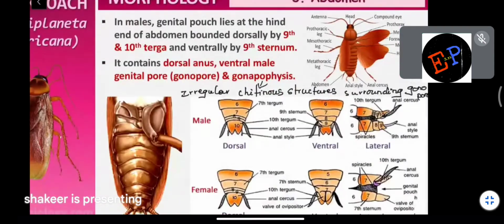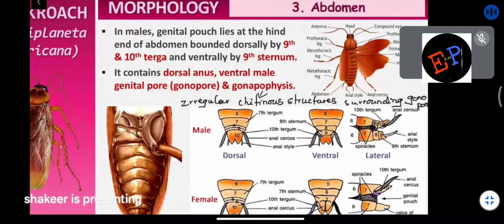Clear? So in males, the genital pouch lies at the hind end of the abdomen, bounded dorsally by the 9th and 10th terga, and ventrally by the 9th sternum. Are you able to understand? In the case of females, the 7th, 8th, and 9th segments have the genital pouches.